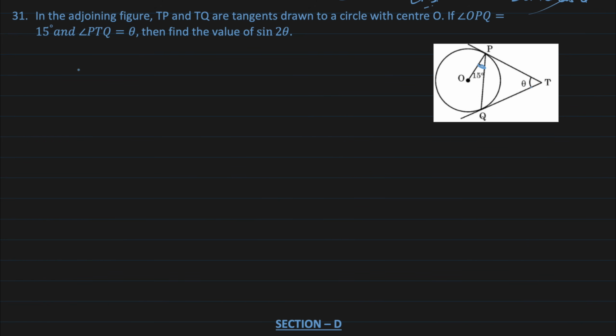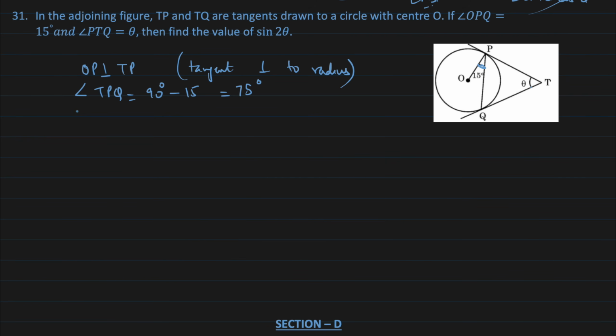We know that OP is perpendicular to TP. You know the tangent is perpendicular to the radius, right? So angle TPQ will be equal to 90 minus 15. So that's how much? 75 degrees, right?